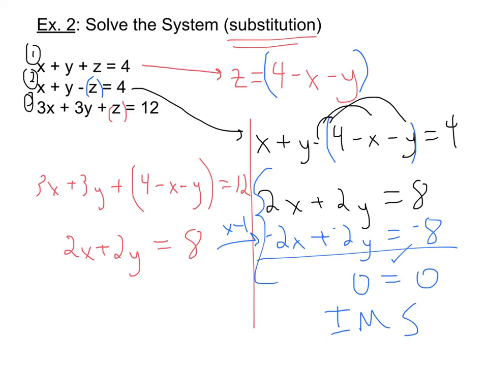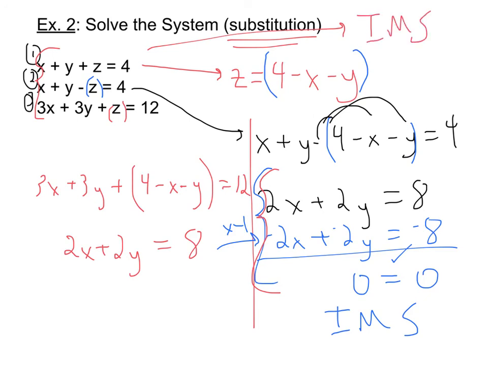Well, as a matter of fact, if you did all legal steps in manipulating the three equation system, and it produces a system of two equations that have infinitely many solutions, that is enough to conclude that the original system also has infinitely many solutions. Let me just say that one more time because it's very important.